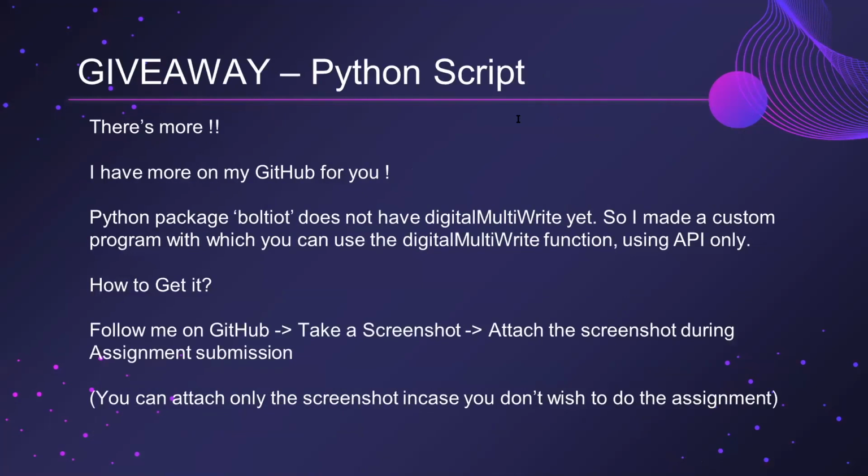Also, if you follow me on GitHub, I will give you the Python script for controlling digital multi-write, which is not currently present in the Python module of Bolt IoT. Using that script, you can write multiple pins on your module.